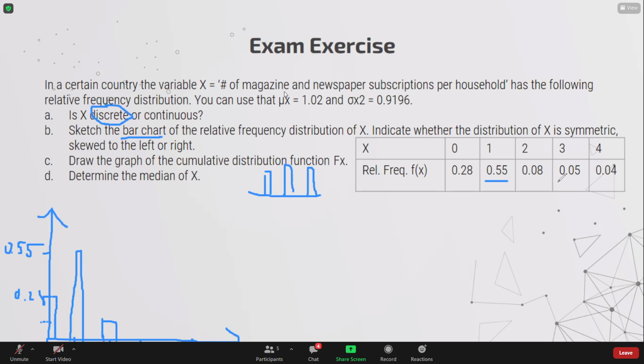Then for 3 we have even smaller, 0.05, like this. And then for 4, almost the same as 3, like this. And all of those are bars. That's why it's called a bar chart.